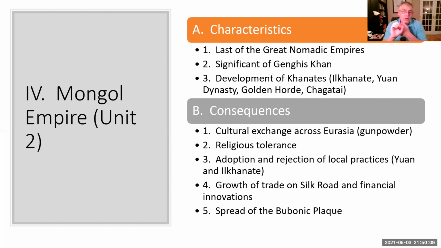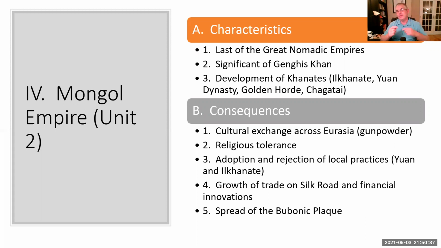And also he's a brutal warrior who doesn't screw around. He's also a huge promoter of trade, and that's going to become very important later. So he holds the merchants in high esteem, because he knows that mercantile activity means money for him.